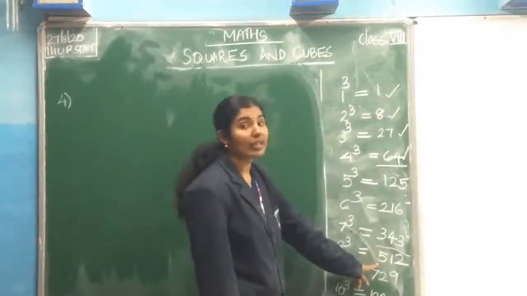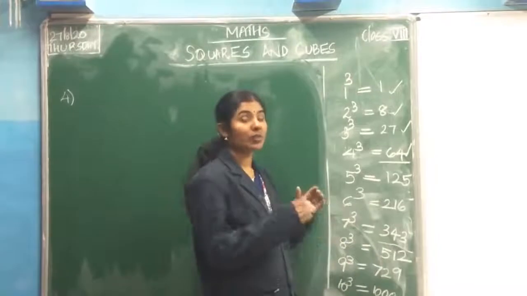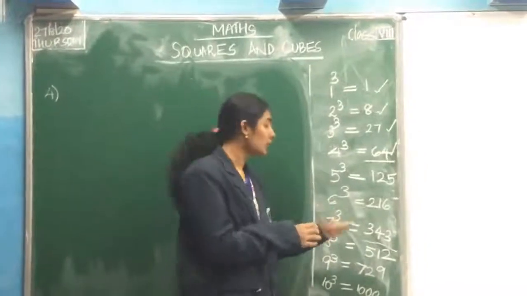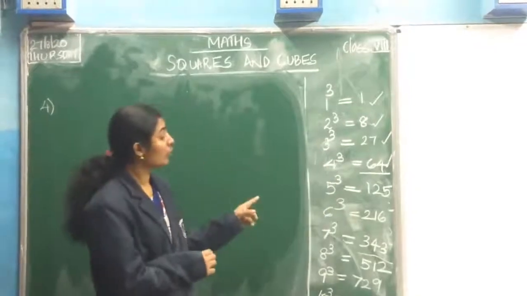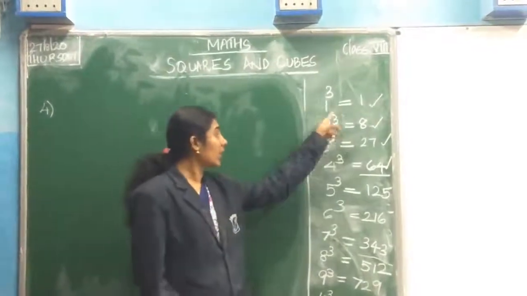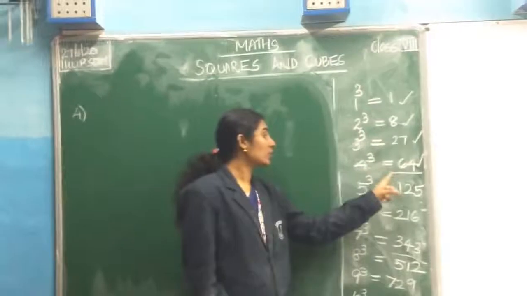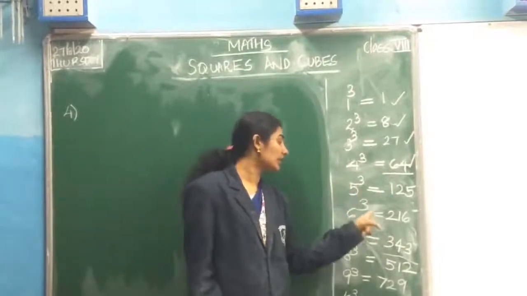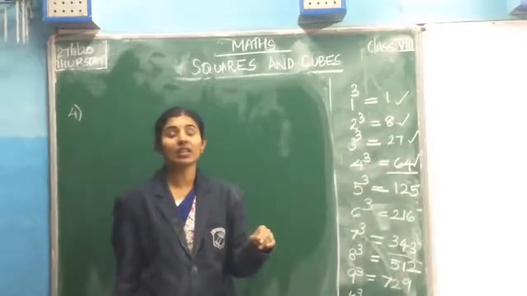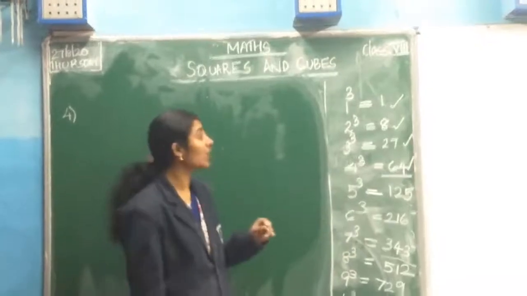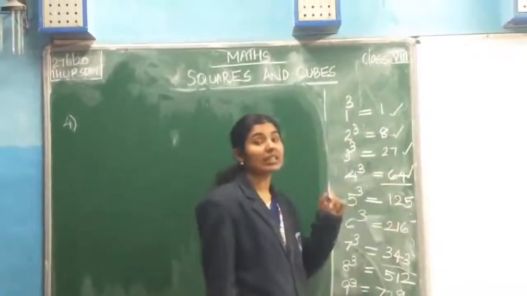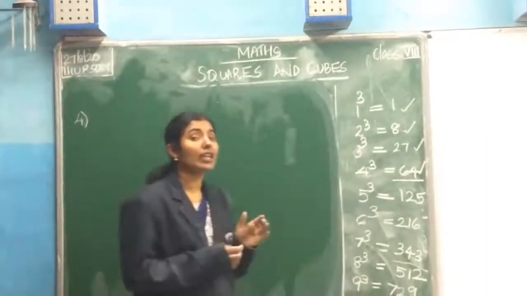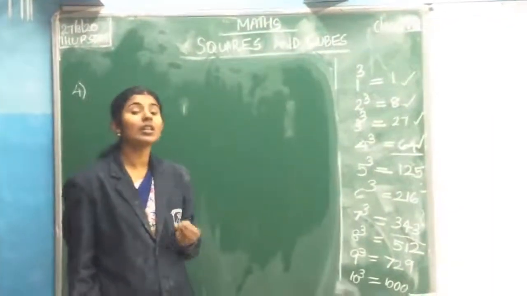Can you take 512? No, because we are taking the cubes from 1 to 500 only. So, which are the cubes from 1 to 500? They are 1, 8, 27, 64, 125, 216, 343. Total how many cubes are there? 1, 2, 3, 4, 5, 6, 7 are there. So, from 1 to 500, 7 cubes are there.